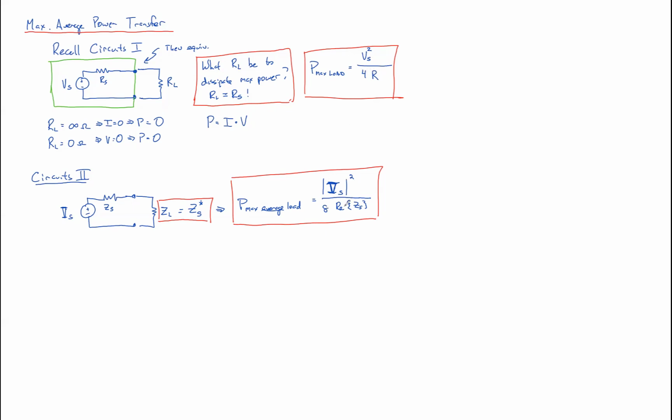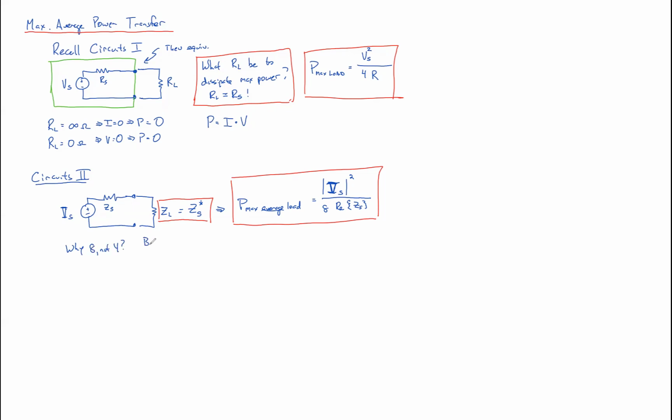We had to take absolute values and reals to deal with the fact that these are now phasors. But why is this 8 instead of 4? I'm going to hand wave this answer a little bit and say why 8, not 4.